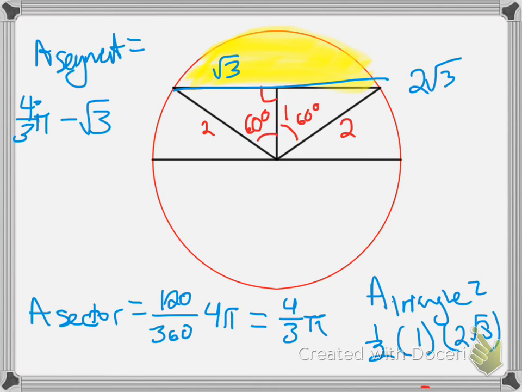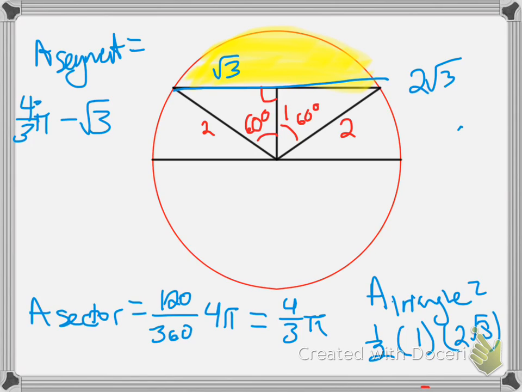What I'm going to do is find the volume of the prism that has the shaded part as a base. And then I'm going to subtract that from the volume of the entire cylinder.